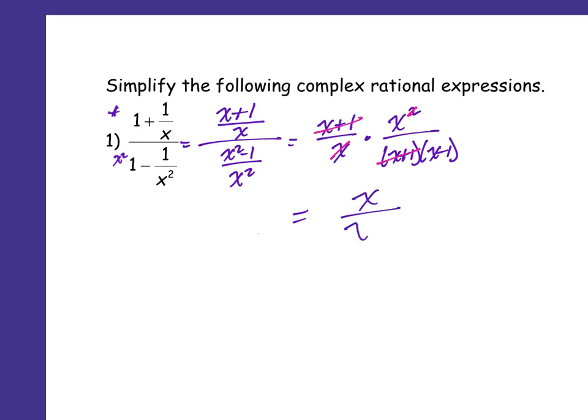X over x minus 1. So I'm going to do the top. Basically, I'm doing 3 problems in this one. So I'm going to do the top problem first, the adding one on the top one, the adding one on the bottom one, and then it turns into a division problem.